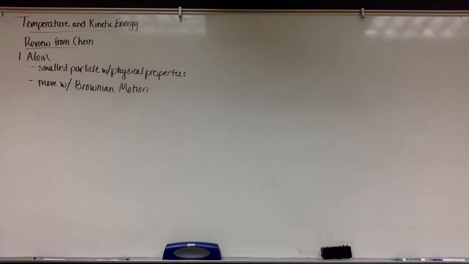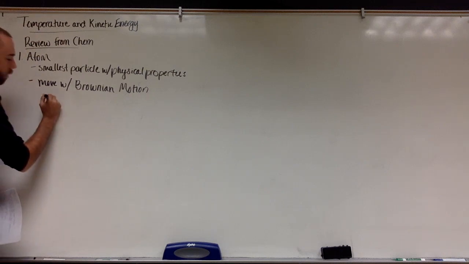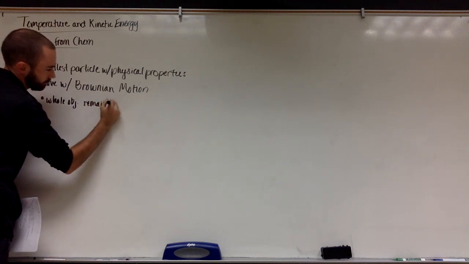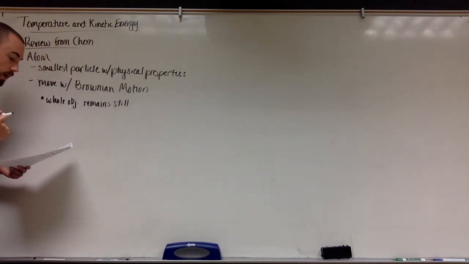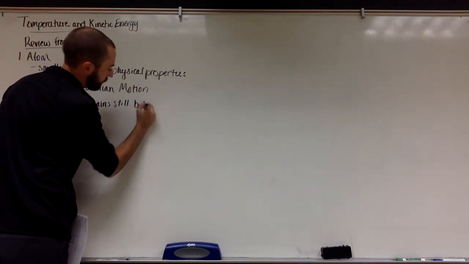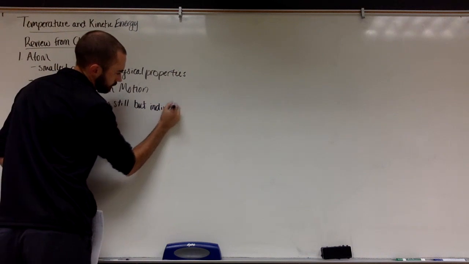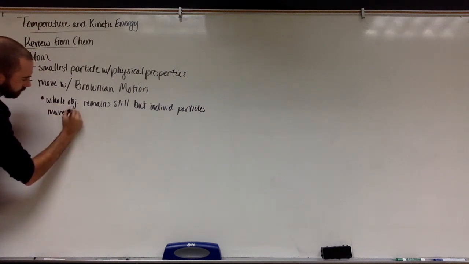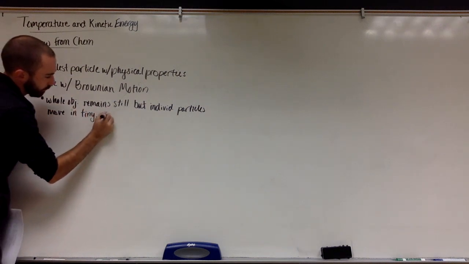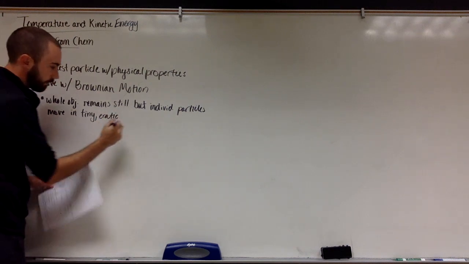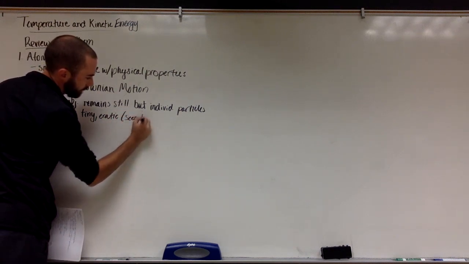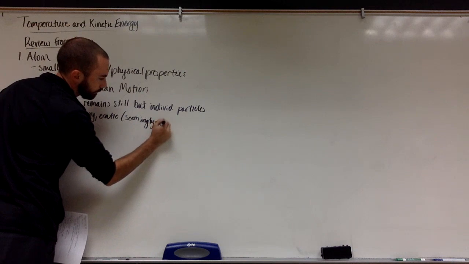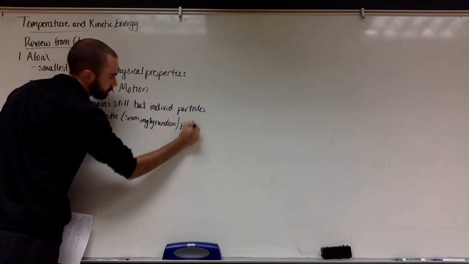But what is Brownian motion? It's basically where a whole object remains still, but individual particles move in tiny, erratic, and seemingly random paths.